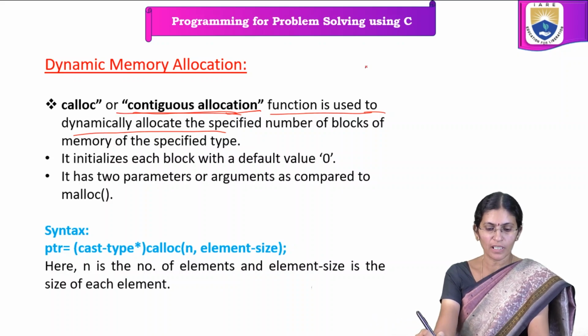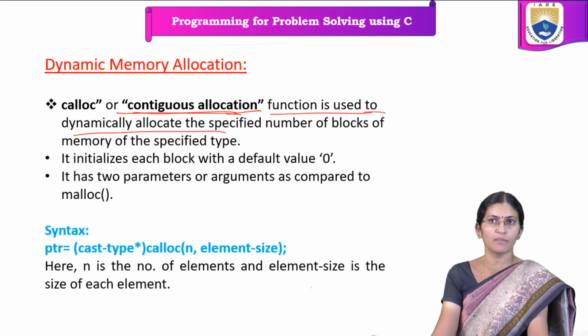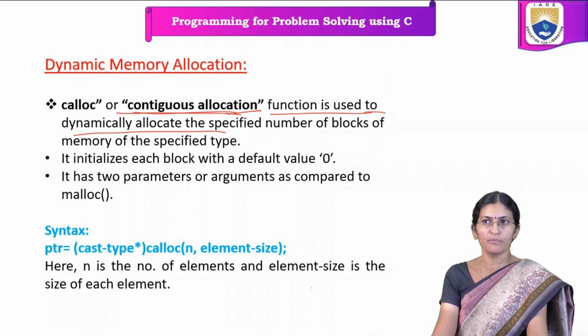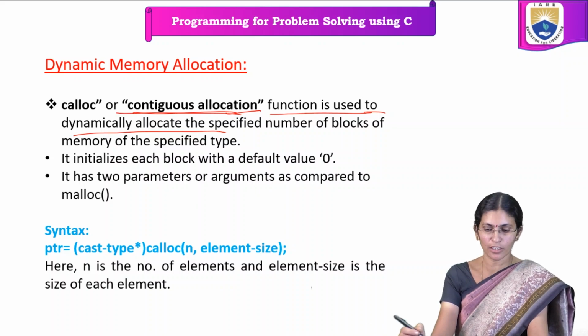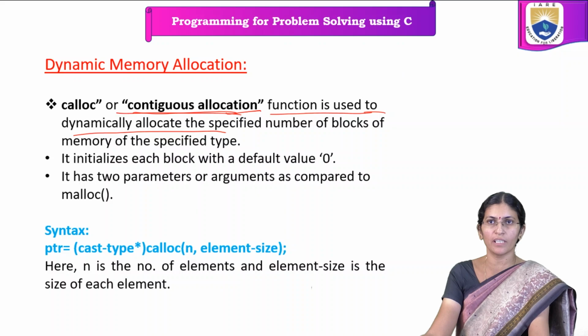As compared to malloc, the function of calloc is also the same. It will allocate the specified number of blocks of memory for the data to be stored. The calloc function requires 2 arguments, whereas the malloc function requires only 1 argument.